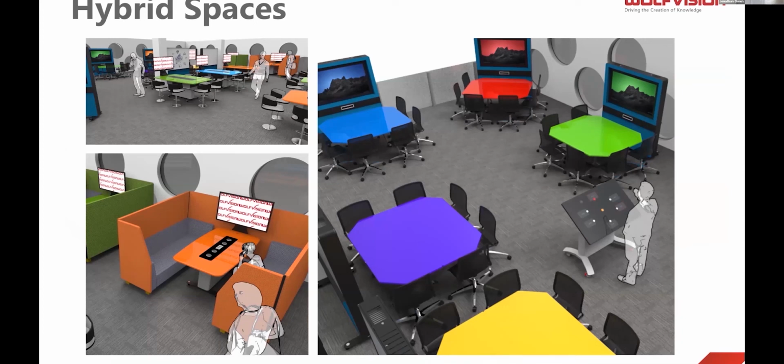So this is particularly interesting where students are increasingly choosing the way they learn, so the type of environment they choose to study or work in. So where you've got a hybrid space, it allows the student to maybe choose a semi-enclosed collaborative pod to work in versus a more open plan area. Again, from a technology perspective, it's very simple for us to integrate Matrix into any of those environments.